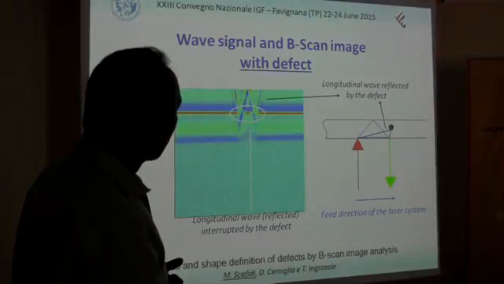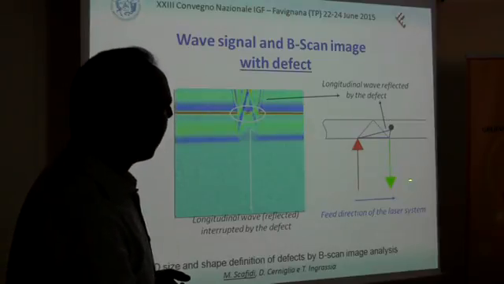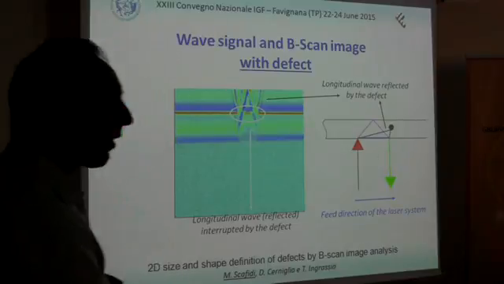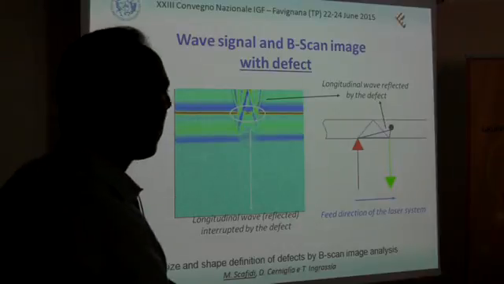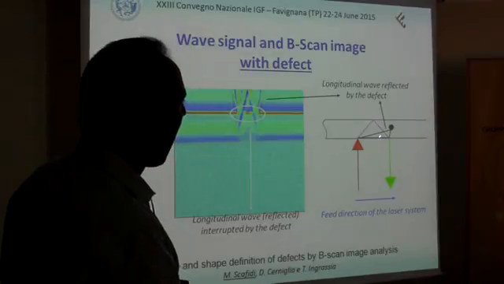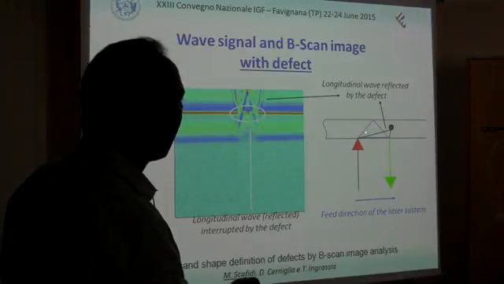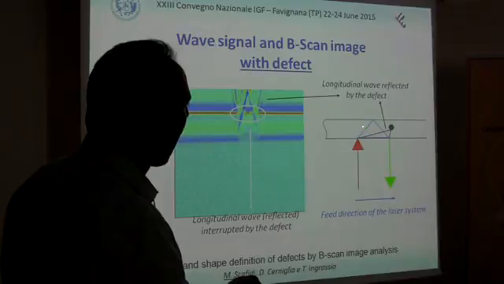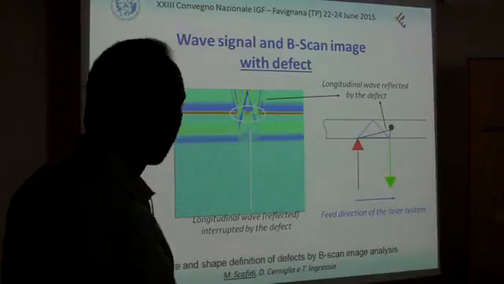We have two interruptions, because when the system goes in this part, the defect comes inside and interrupts the wave, because there is a hole and the wave cannot arrive at the receiver. After the defect, the wave restarts, and again the defect comes here and stops the wave.